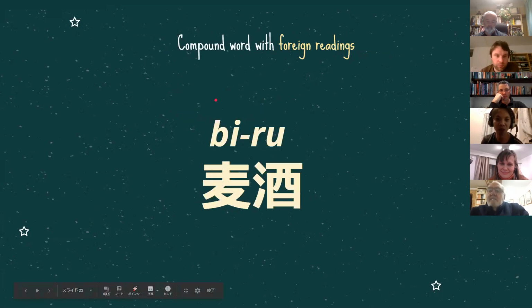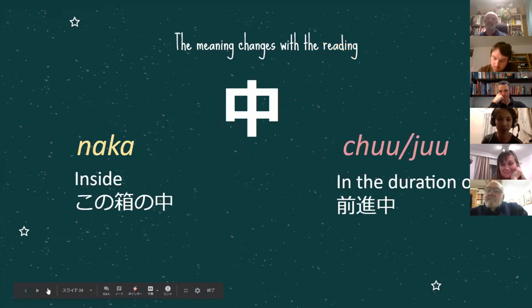And sometimes a compound word can have foreign readings, like biru. It has kanji, and it says bakushu. It means wheat alcohol. So when you actually see this kanji, you will say biru. Or you can say bakushu, of course.